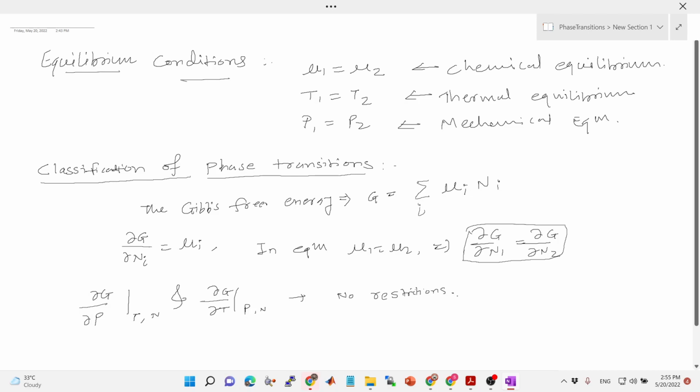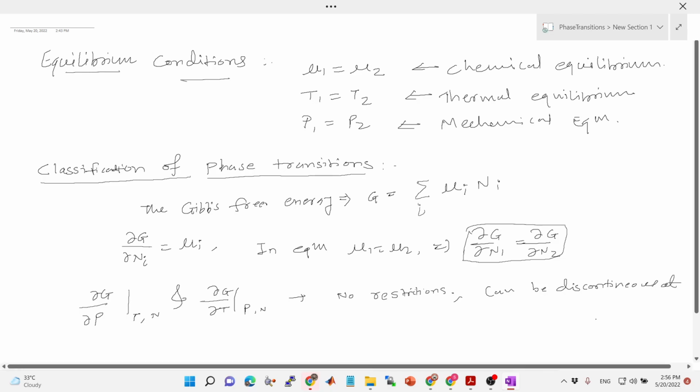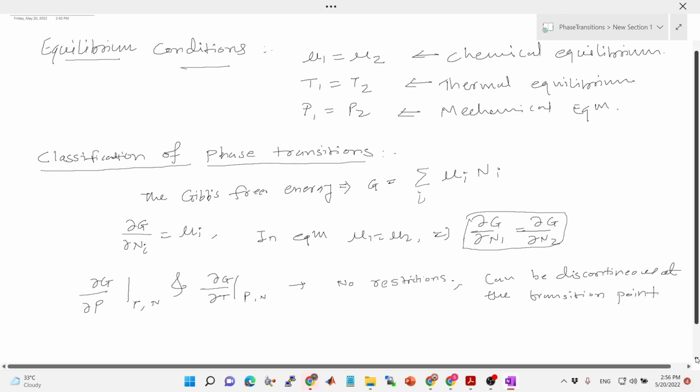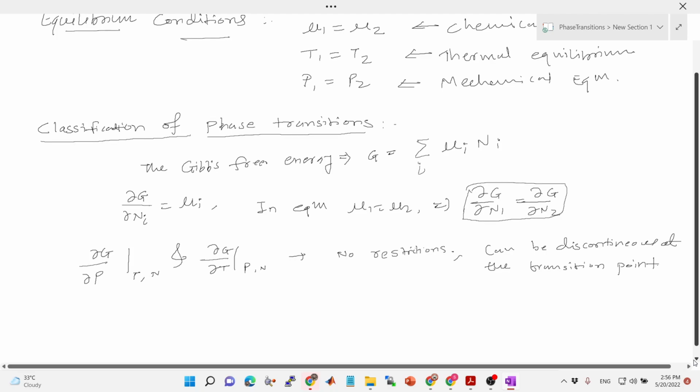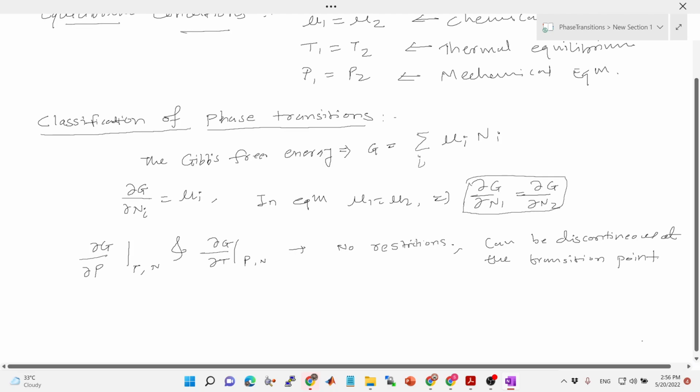So they can be discontinuous at the transition point, because we just have the restriction on mu_1 to be equal to mu_2.